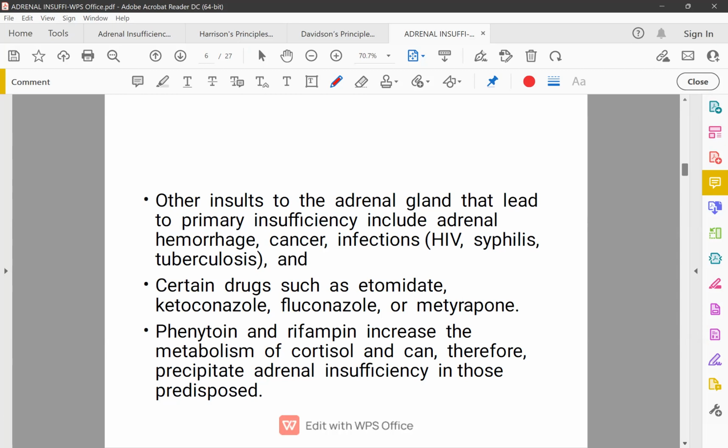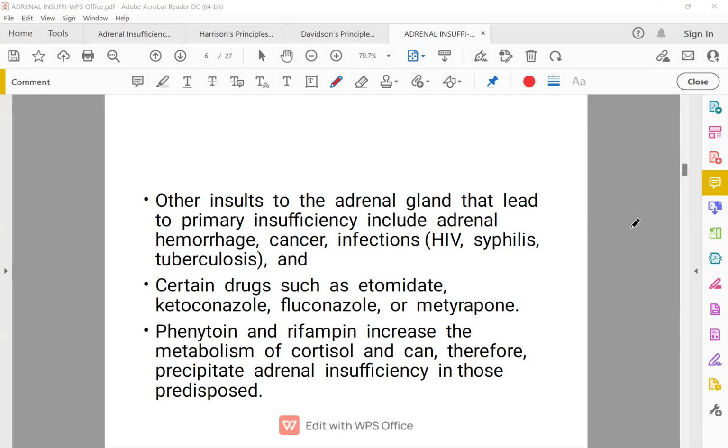Or there is acute meningococcal infection, which can lead to endotoxic damage and hemorrhage into the adrenal gland, which is called Waterhouse-Friderichsen syndrome. Other causes are malignant deposits involving the adrenal cortex.